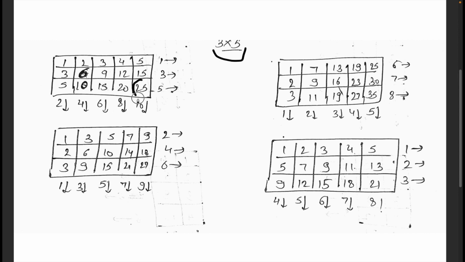We will get the maximum as 25. In case 2, when we have even common differences starting from 2 for the rows and odd common differences starting from 1 for the columns, we get the least maximum, that is 27.